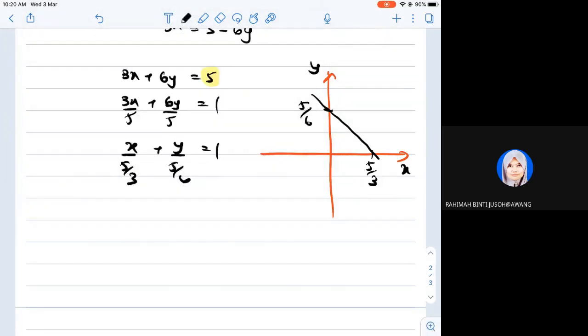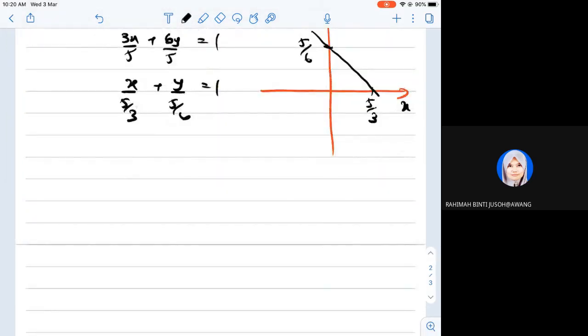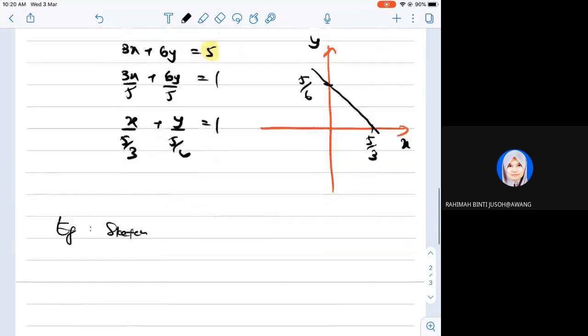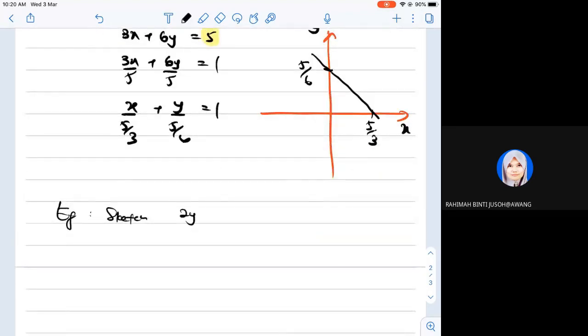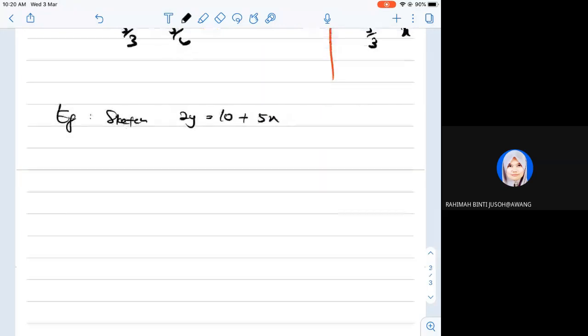Alright. So next, let's say example, sketch, let's say 2y equals to 10 plus 5x, like this.